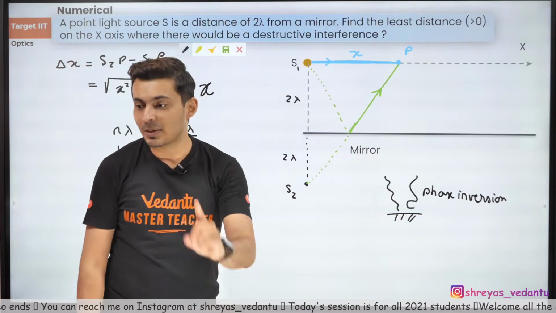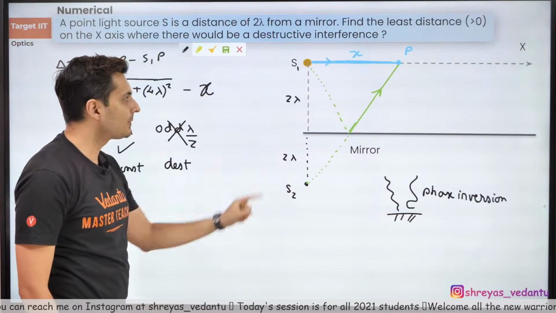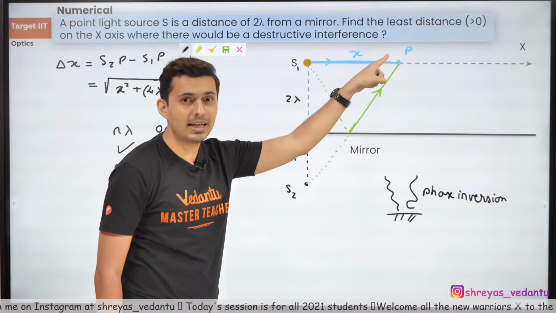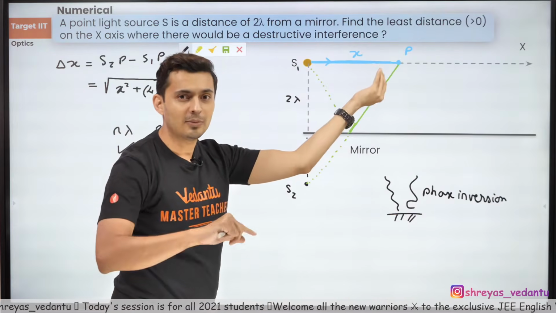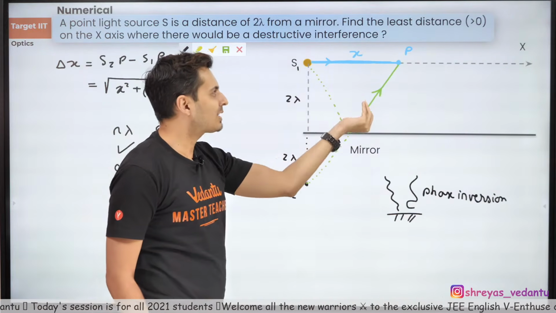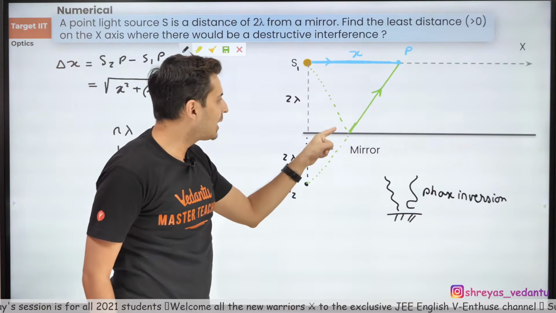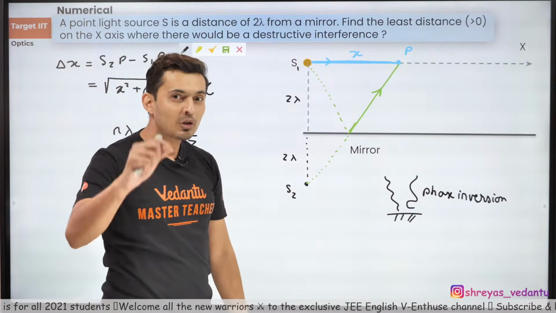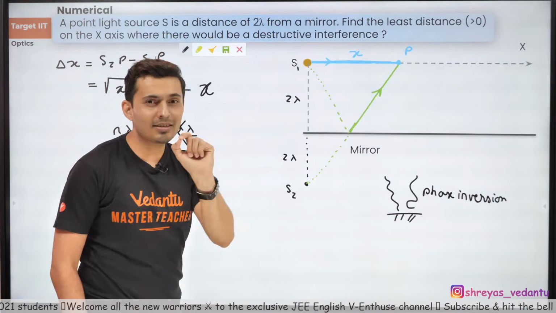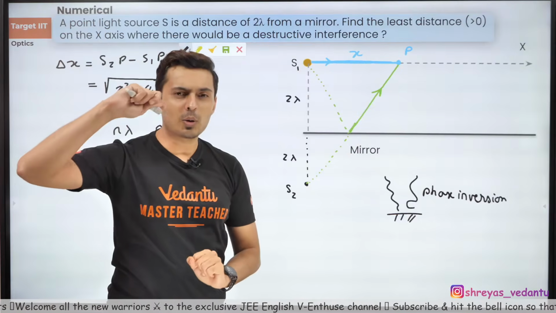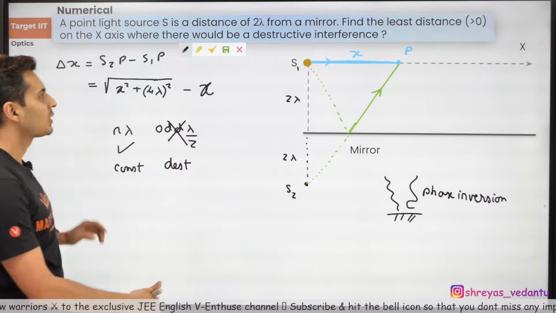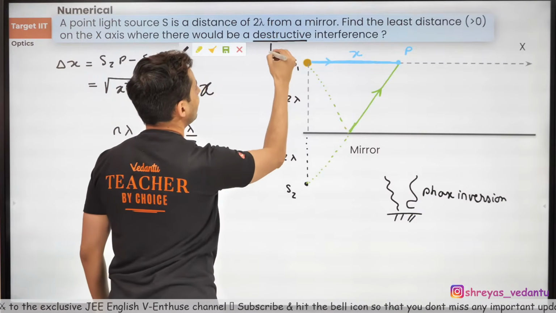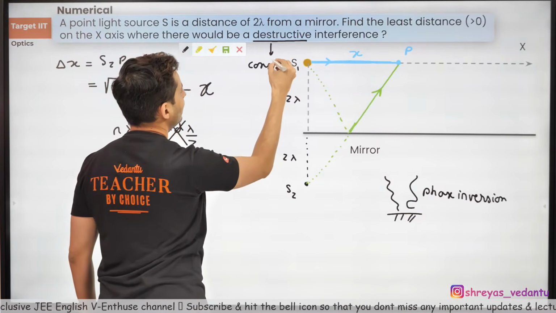And now when these two rays meet, wherever you are expecting a crest, you will get a trough, and wherever you are expecting a trough, you will get a crest because of the phase inversion. So if the question says destructive interference, you have to read it as constructive interference and solve for it.